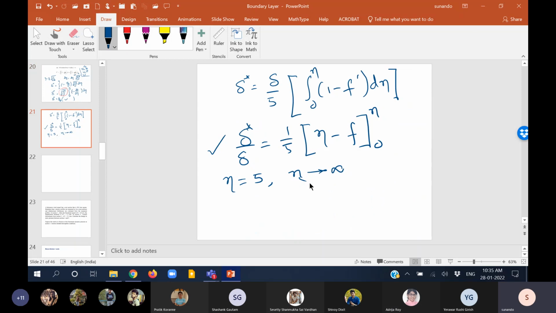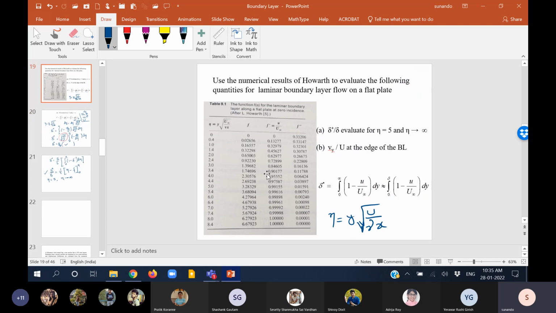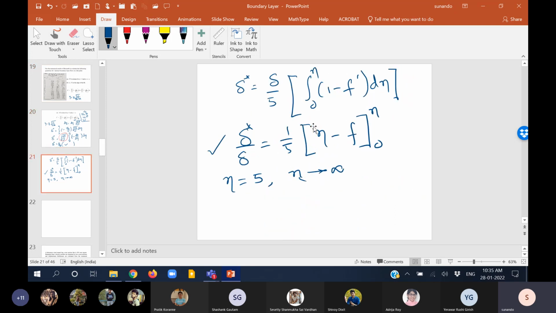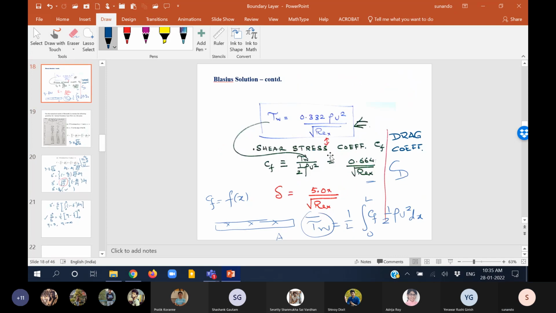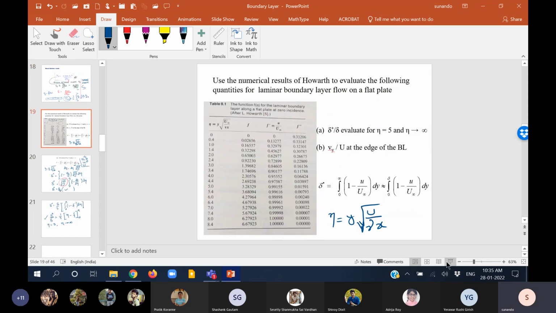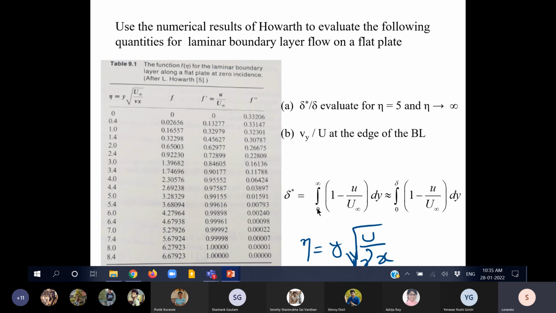The problem that you are going to have is, so let's go back to this table and try to see what this is going to be. What you have seen is that delta star by delta equals 1/5 of something. 1/5 of what was the result? 1/5 of eta minus f.